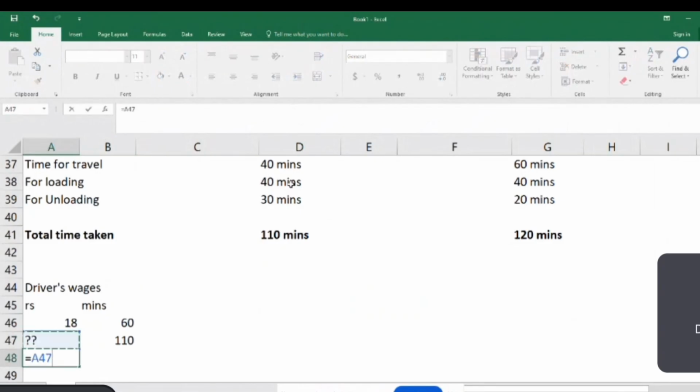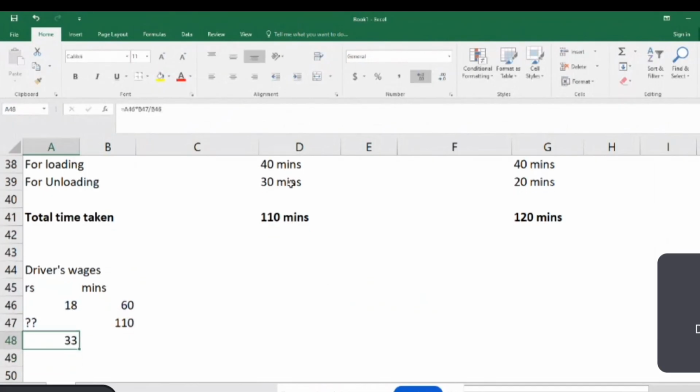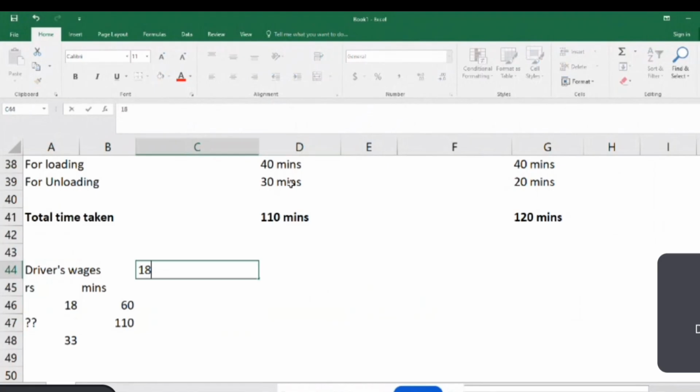Simple cross multiplication, 18 into 110 divided by 60, you will be getting 33 rupees. Getting my point? So I will write it here. 18 rupees into 110 minutes divided by 60 minutes, you will be getting 33 rupees.